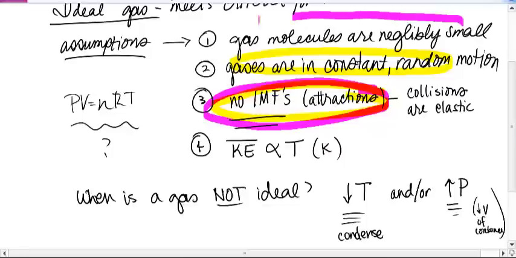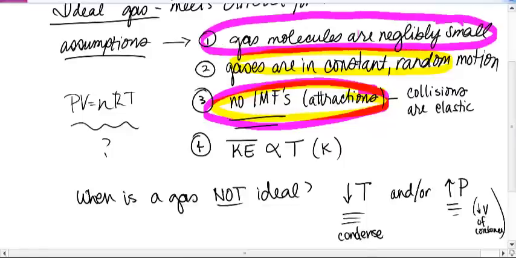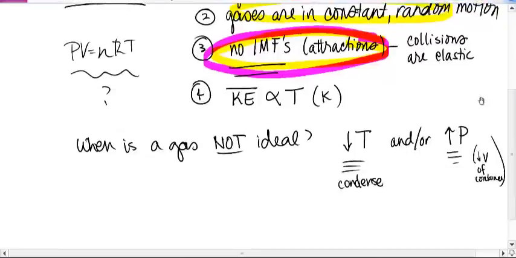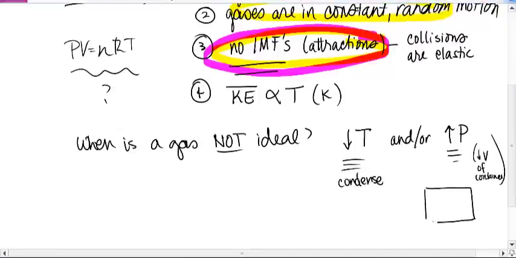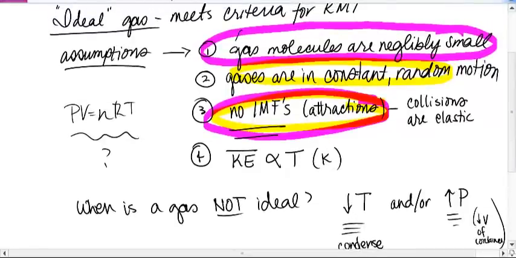You're also going to affect this. If your container starts getting too small because you're putting so much pressure on it, and the gas molecules actually start to occupy space in relation to the size of the container, it's possible that this one will stop holding true.